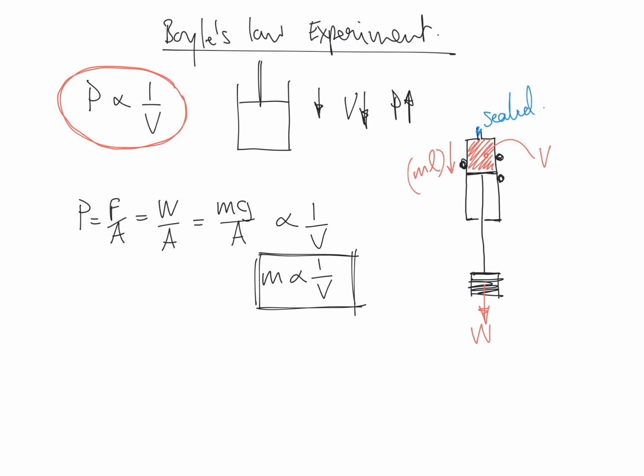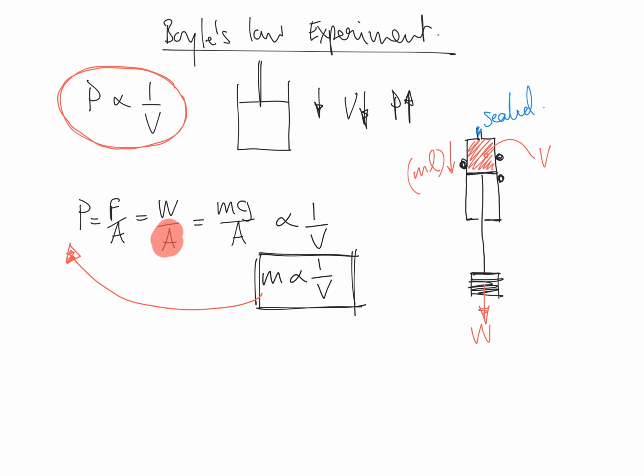We probably then want to have a look at a few more aspects, because even though I measure the mass, I'm going to want to work out from that the pressure. So the one missing ingredient is probably the area.